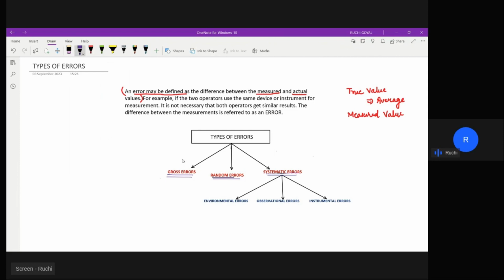We will understand one by one what gross errors, random errors, and systematic errors are. After that, systematic errors are classified into three types: environmental errors, observational errors, and instrumental errors. So firstly, we are going to study gross errors.